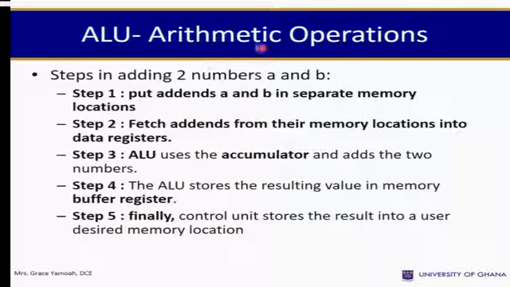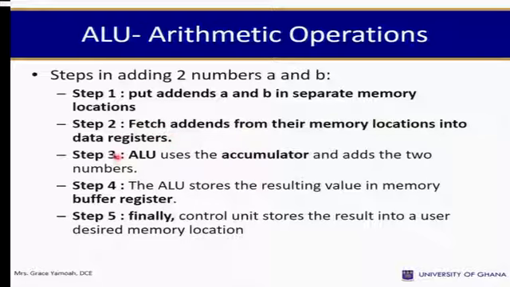In the ALU arithmetic operations, the steps in adding, for example, two numbers are these. Step 1, we put the addends A and B in separate memory locations through the keyboard. Step 2, we fetch these addends from the memory locations into data registers in the CPU.